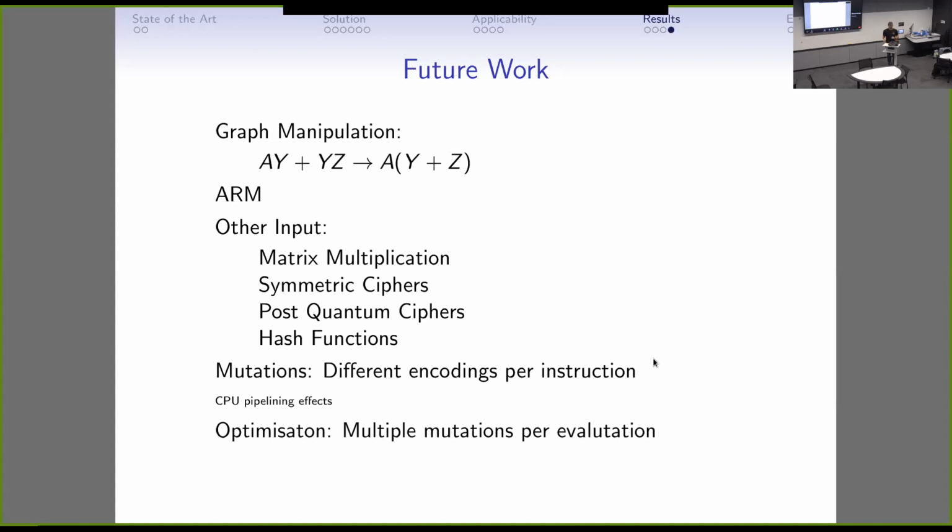On the optimization side, we could also try multiple mutations per evaluation. So we've seen that too. I've changed the instruction for one operation and the order at the same time. Usually that happens one by one. Using multiple mutations is a double-edged sword in the sense that it may have benefits, so that we have two good operations that are being chosen to be kept in the implementation.